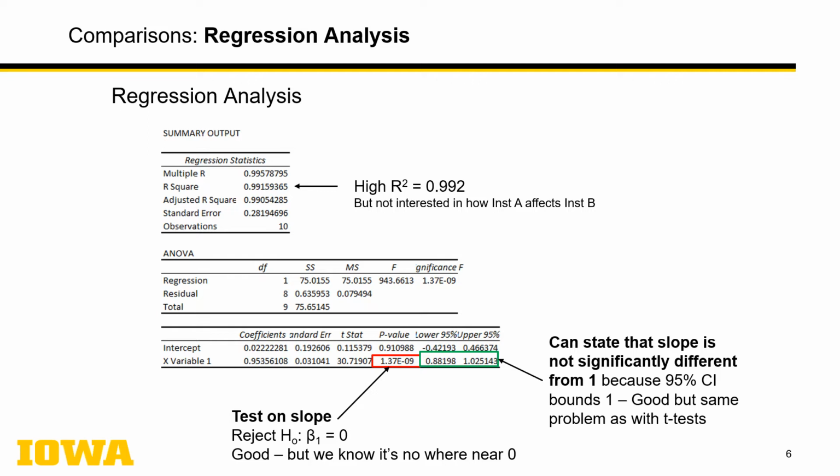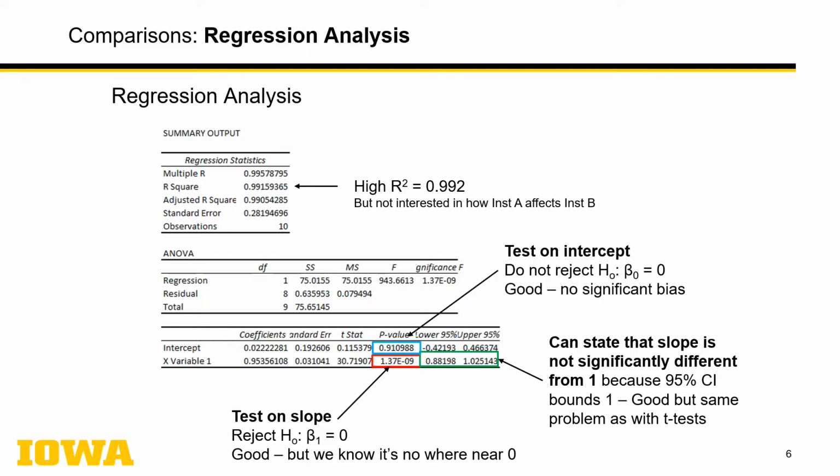It's to state that the slope is not significantly different from 1 because, again, the 95% confidence intervals bound 1. They go from 0.88 to 1.02. So you could state that they are not significantly different. But again, this gets back to the same problem as the t-test, that you are using a hypothesis test in a situation in which you do not reject the null.